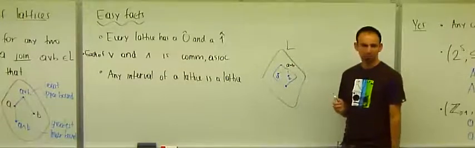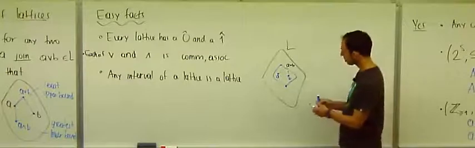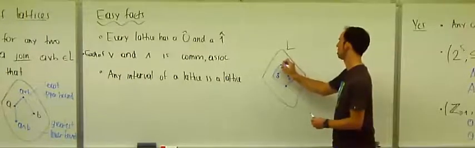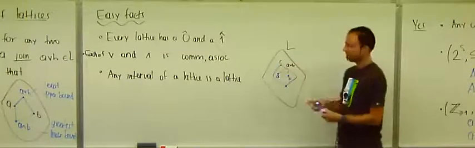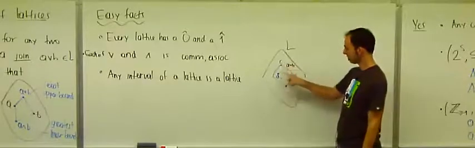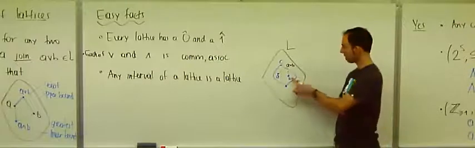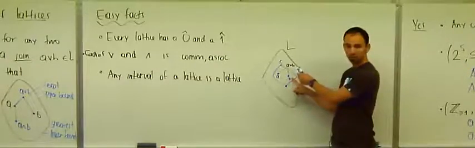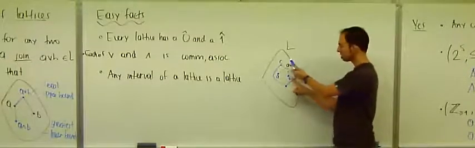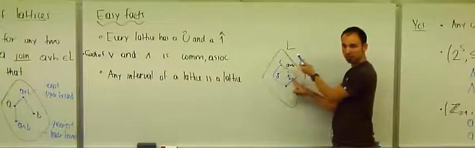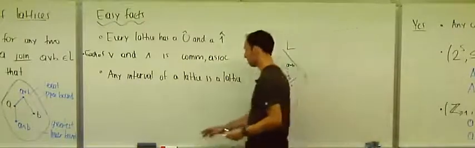That cannot be. And the reason is that if you look at this element C, the top of the interval, C is greater than or equal to A, C is greater than or equal to B. And therefore, by definition, C has to be greater than or equal to the join. Okay? So the join doesn't land outside, the join has to land inside the blue subinterval.